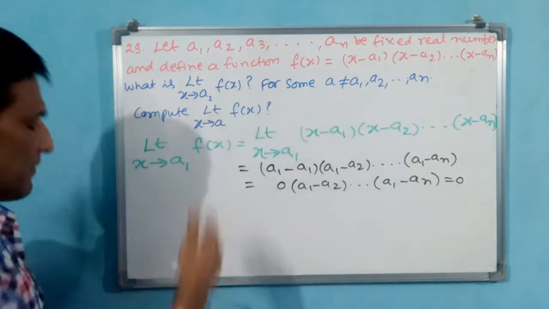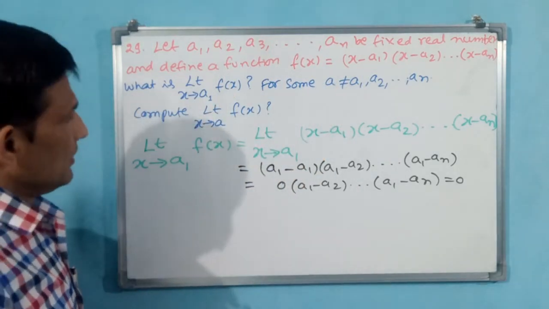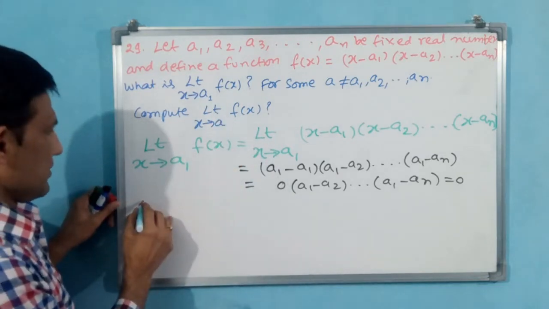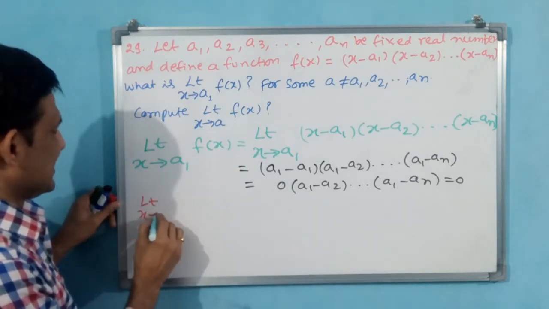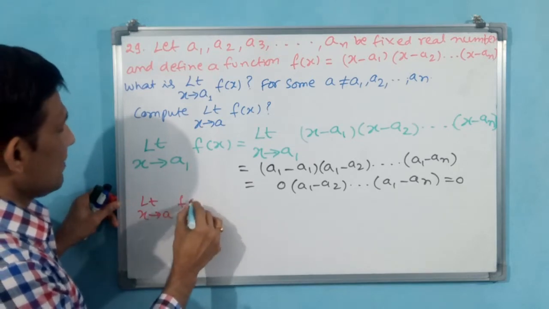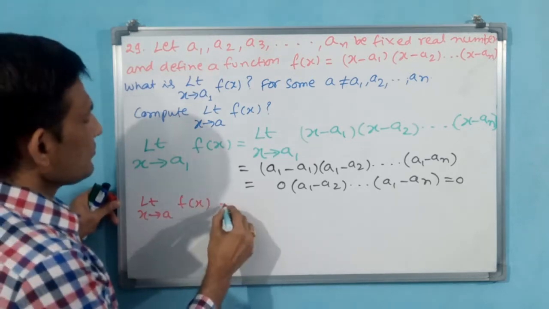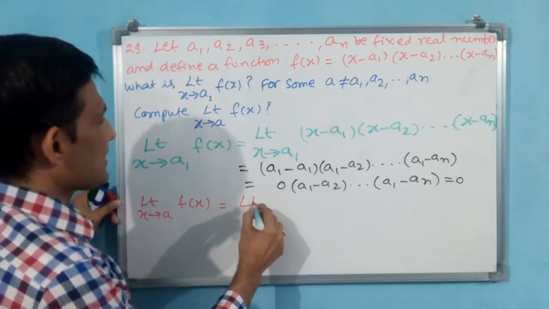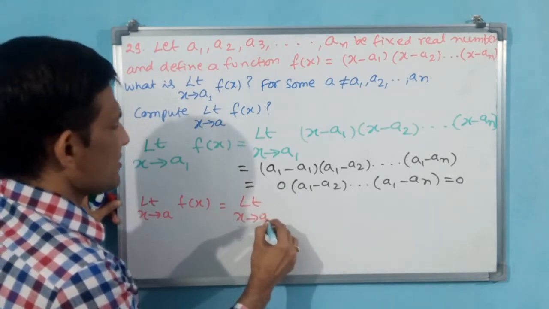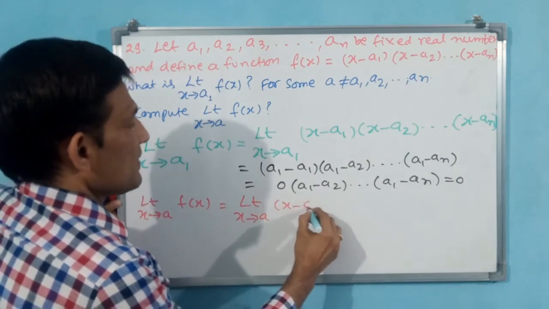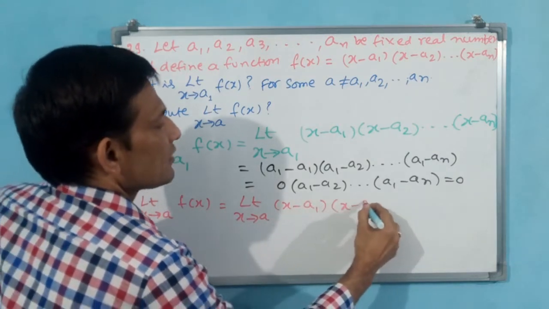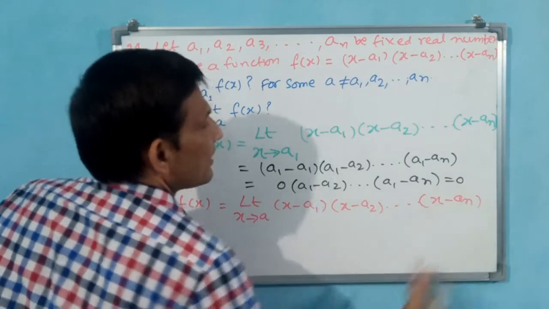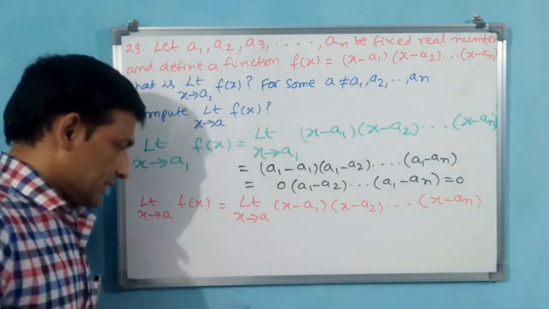Now let us go for f of a. Let us write limit x tends to a, f of x is equal to, once again write the function: limit x tends to a, x minus a1, x minus a2, x minus an. Is it okay?